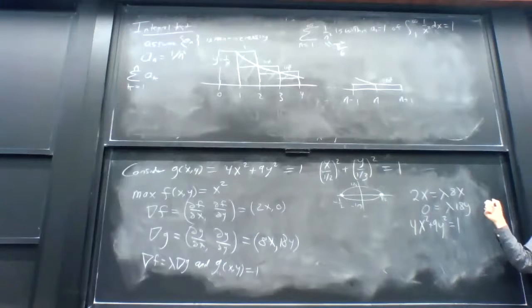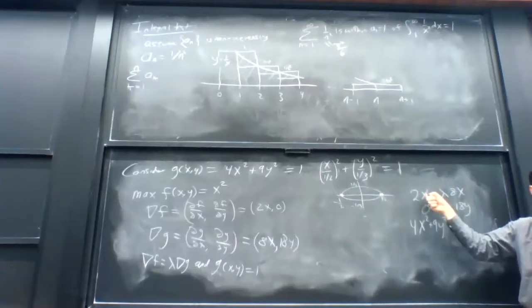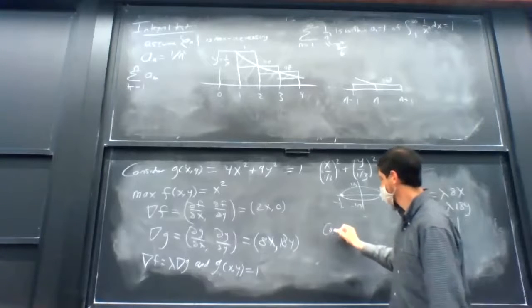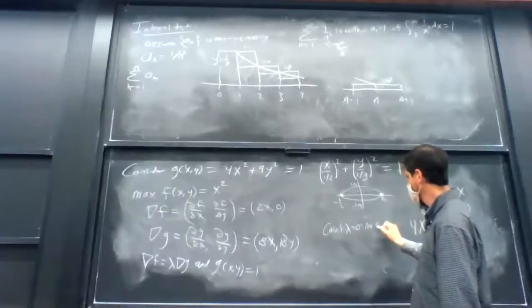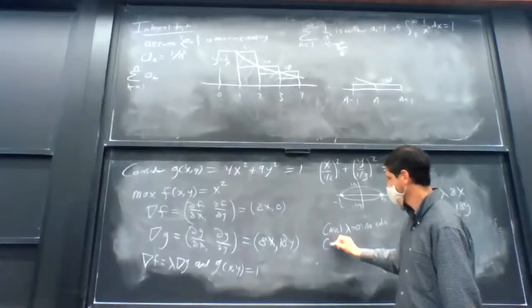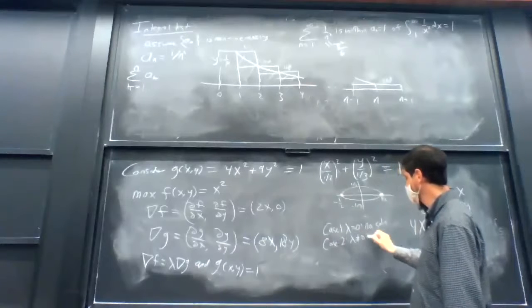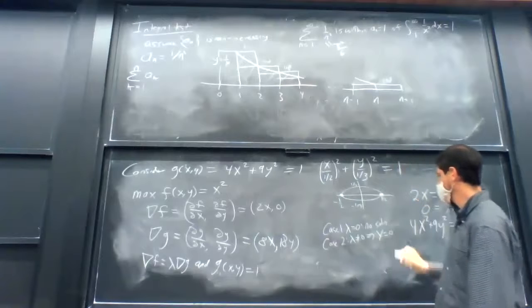The second one: either lambda is 0 or y is 0, or both. Well, if lambda is 0, then x is 0 and it's not on the ellipse. So case 1, lambda equals 0, no solution. Case 2, lambda does not equal 0, therefore y equals 0.